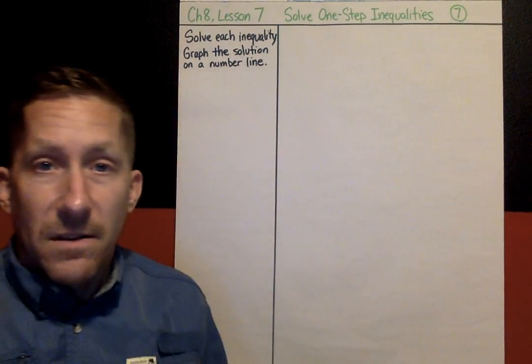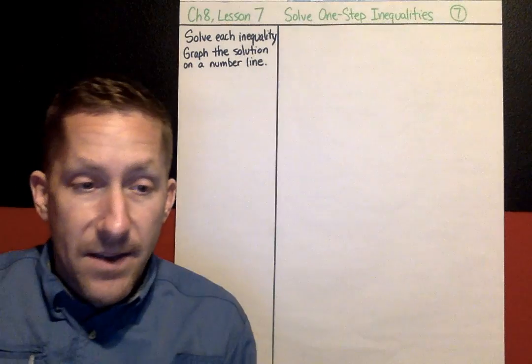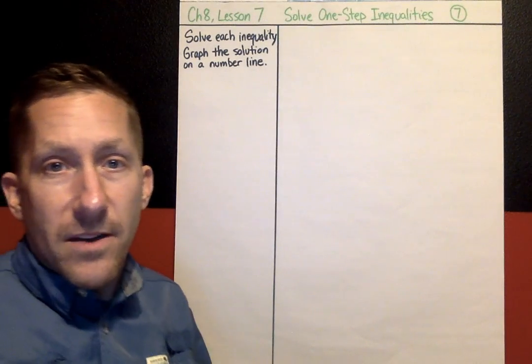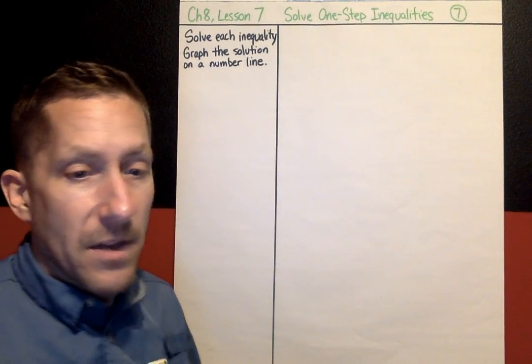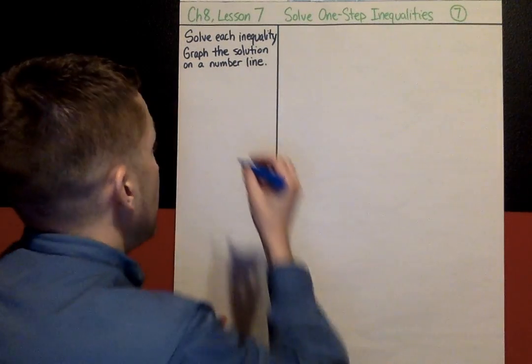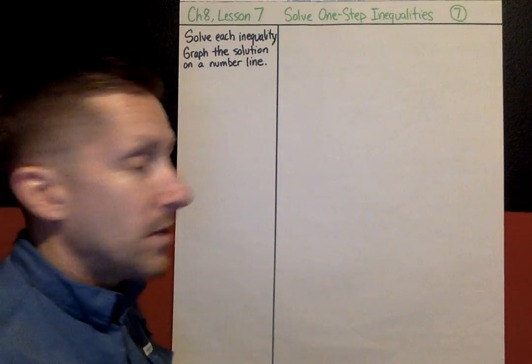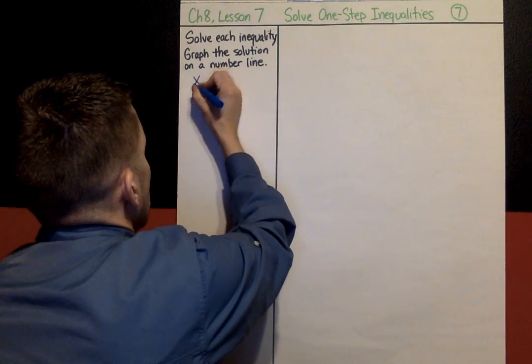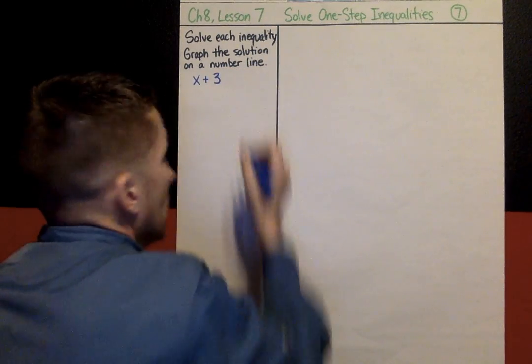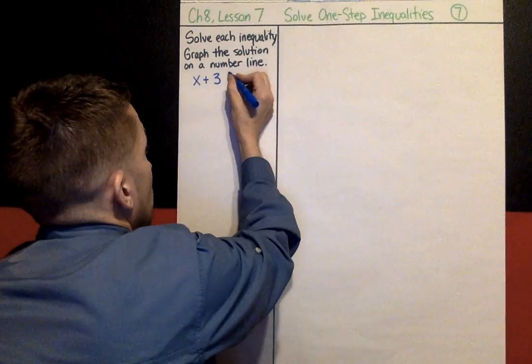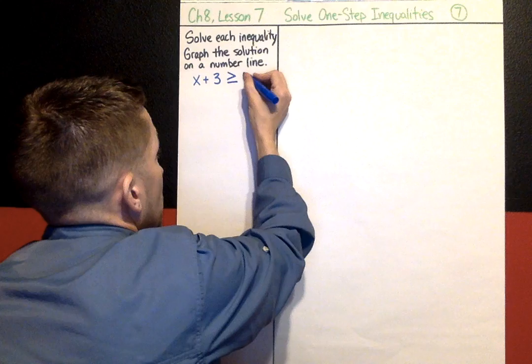That's what we're going to be doing in our examples today. The first example we're going to look at is x plus 3 is greater than or equal to 10.